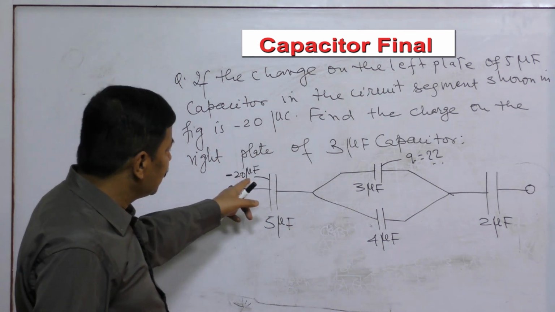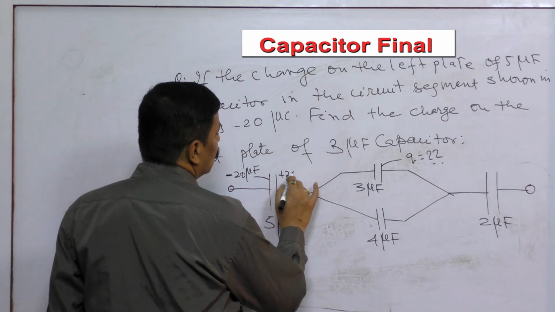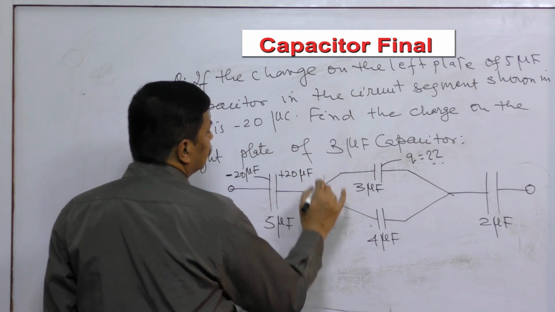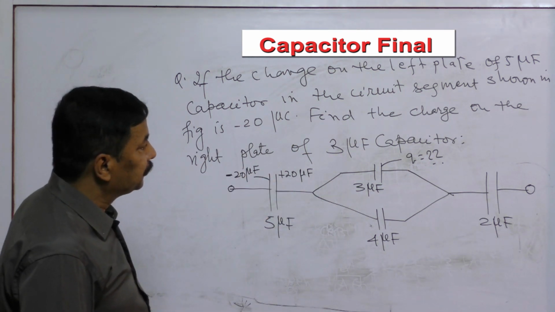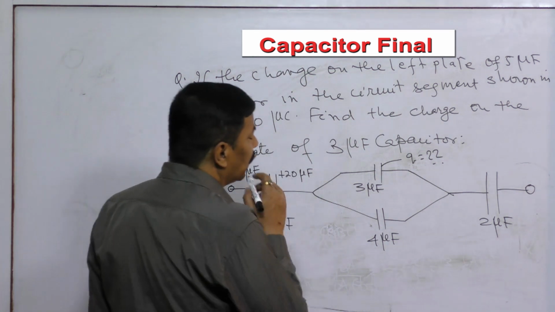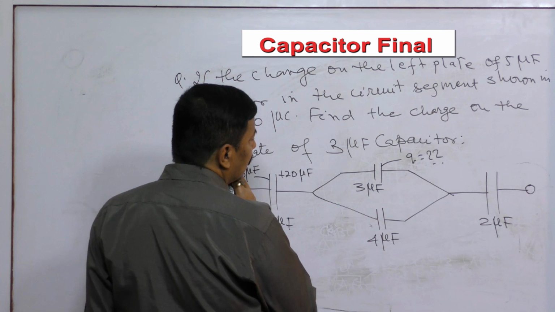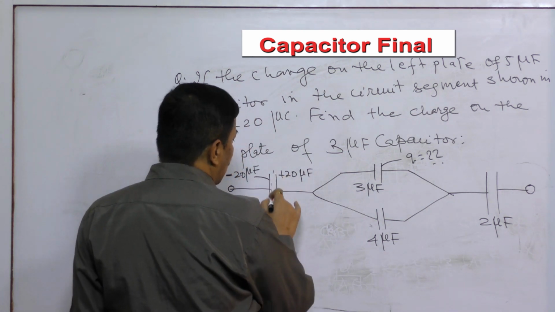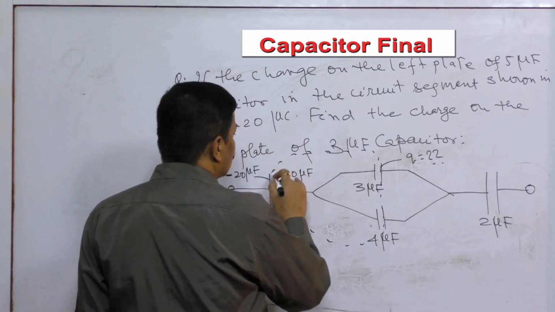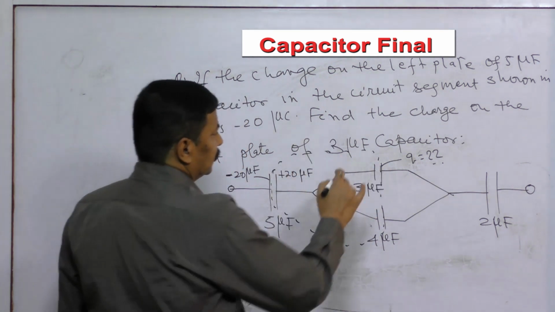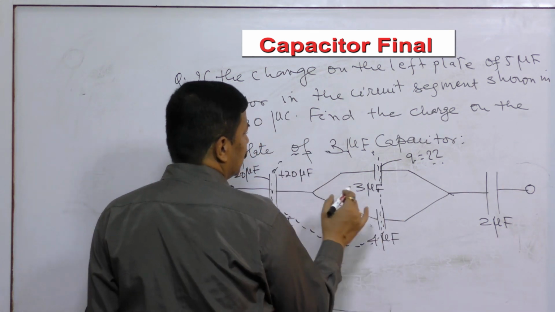So if this is minus Q, here will be plus. 20 microfarad, minus plus. Now what is important to understand, this is an isolated section, so net charge should be 0.